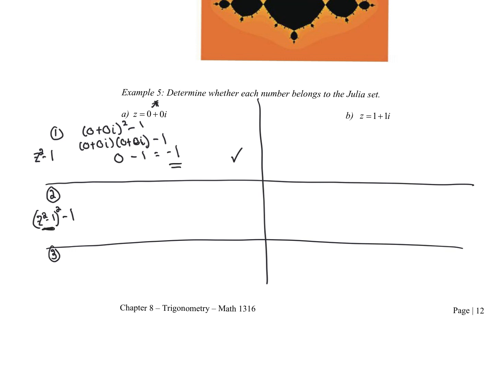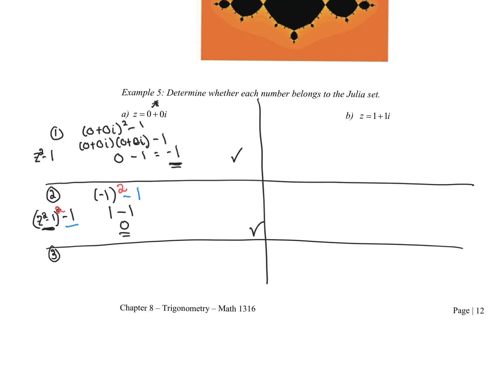It's this piece right here. That's this right here. So I can do negative 1. And then this square right here is this square right here. And then I have minus 1 at the end. So negative 1 squared is 1, minus 1, which equals 0. And the absolute value, magnitude, length of 0 is 0. That's in the Julia set.